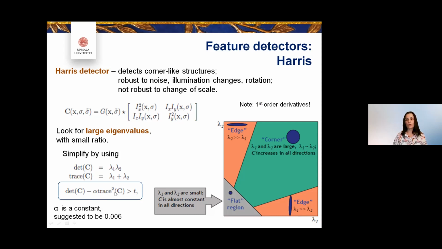We look for high values of this expression. So we apply some suitable thresholding, and strong values of this expression would then be strong responses of the Harris detector, and they will then correspond to corner points. The Harris detector is robust to noise, illumination changes, and rotation.